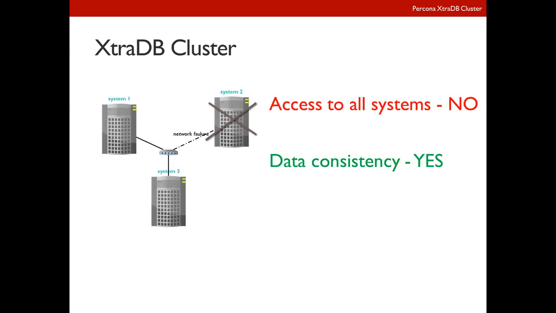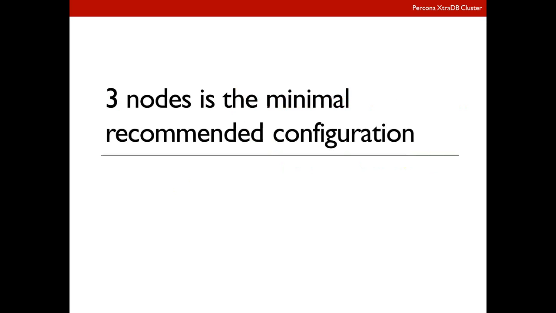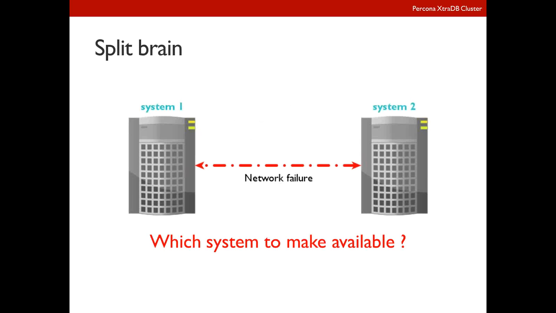With the XtraDB cluster, we guarantee data consistency, but as a downside, we cannot allow access to a node that is disconnected from the cluster. As a consequence, the minimal recommended configuration is 3 nodes. Why? Let's see what we have with 2 nodes.